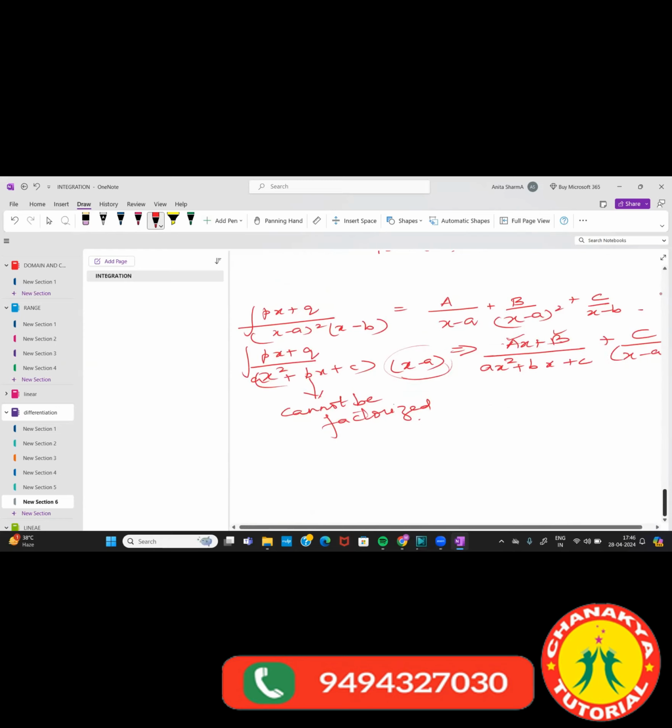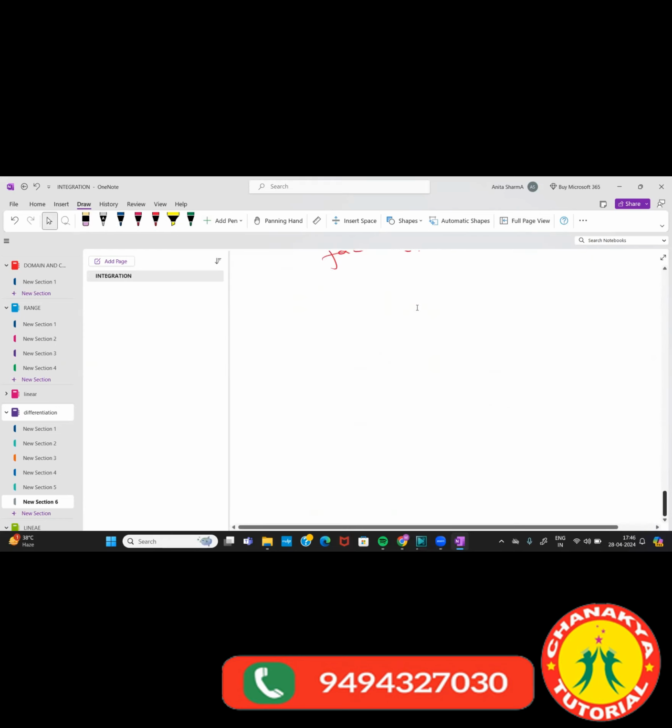Okay. So suppose you have given a question like this: 2x upon (x − a)(x − b). Two different denominators are given, so you will write A upon x − a plus B upon x − b.